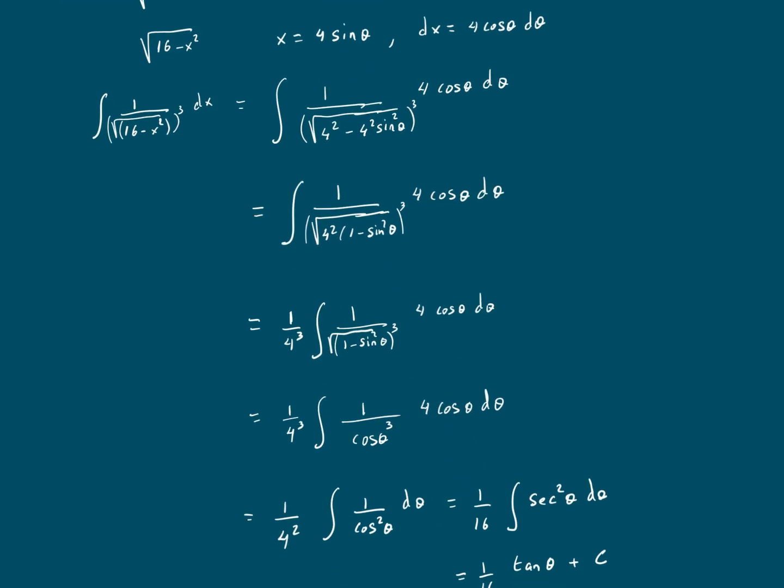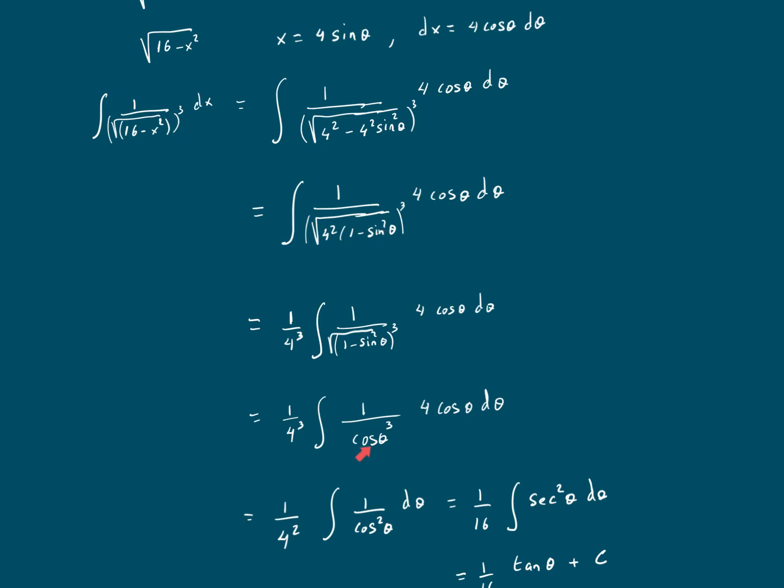So at the end, 4 squared with the square root would be a 4, and 4 with the cube would be 1 divided by 4 cubed. The integral of 1 divided by cosine of theta cubed, because the square root of cosine squared of theta is cosine of theta.